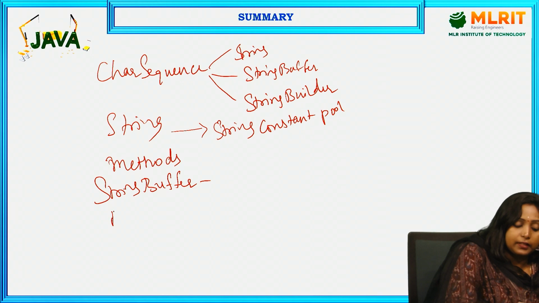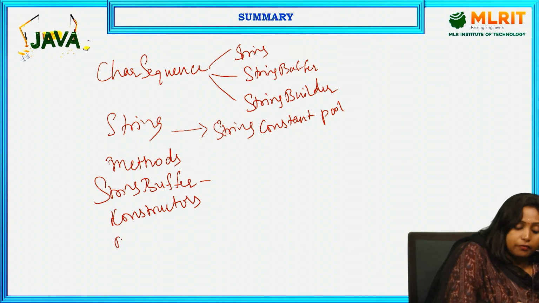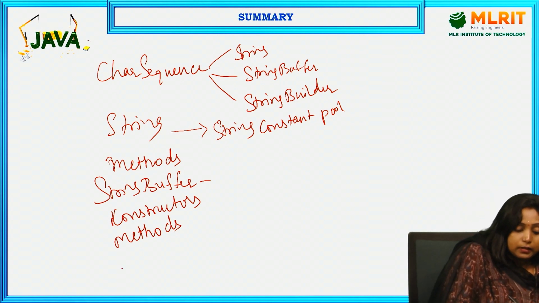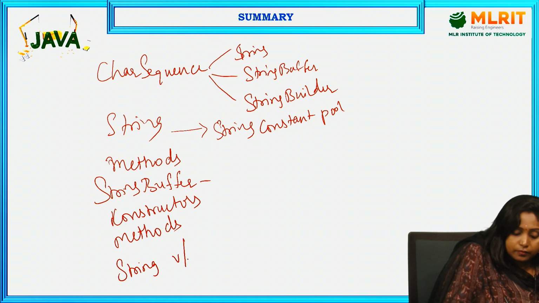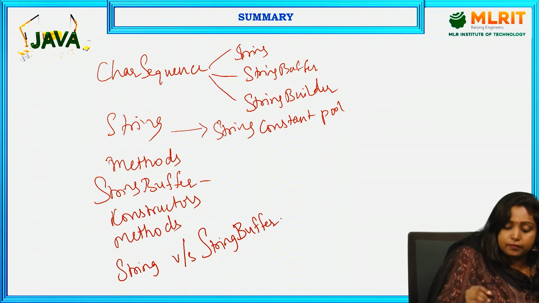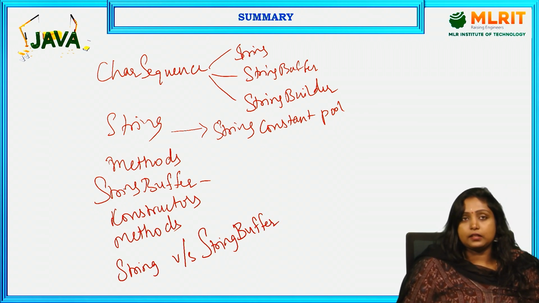And we have seen StringBuffer constructors as well as StringBuffer methods. And next we have seen the differences between String and StringBuffer. So this is what we have seen in this session. Thank you.